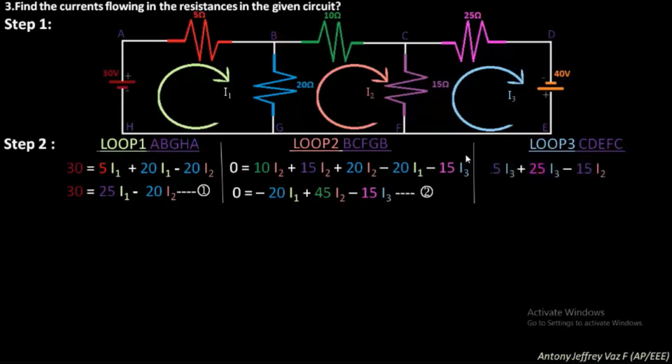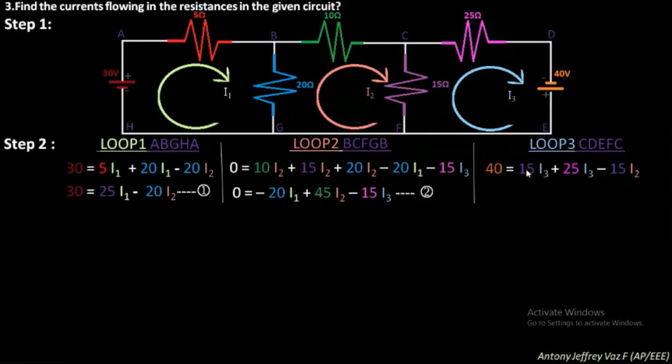The loop 3 equation: you can see the current I3 is flowing from the negative terminal of the battery towards the positive terminal, so it is a rise in potential. So you get plus 40 volt, which will be equivalent to 15 into I3, 25 into I3, minus 15 I2, because the current I3 is from F to C, whereas the current I2 is from C to F, so the direction gets reversed.